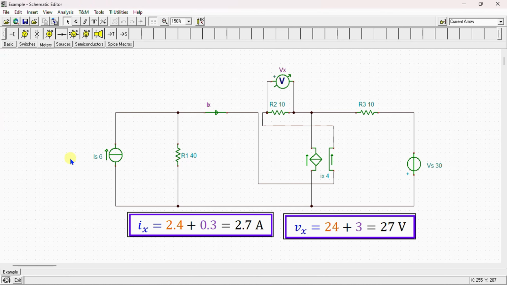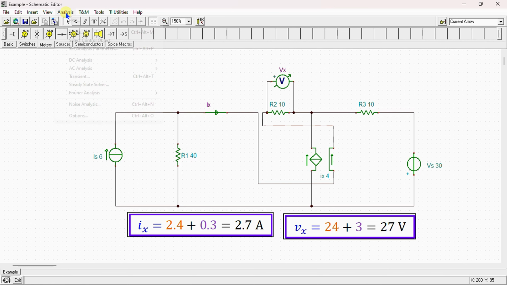We can see here this is the independent current source Is, the independent voltage source Vs, the dependent source, a current controlled current source, resistor R1, R2, R3. I connect here a voltmeter in order to measure the voltage Vx across the resistor R2, and here in order to measure the current Ix through the resistor R2.